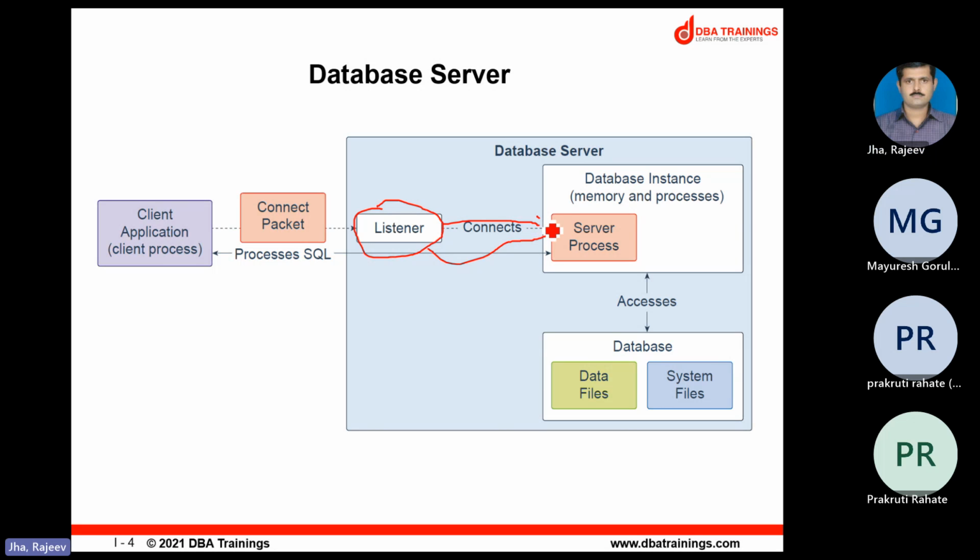So the listener listens to the request from the client, and once the connection is established to the database instance, it hands over the client connection to the server process. The listener can run locally on the database server or remotely.